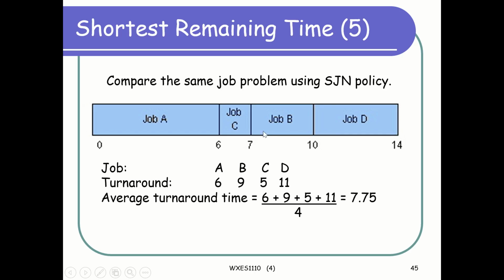Between B and D, B has the lower time, so B will be executed, and then D. So you must remember, job A comes first regardless of the turnaround time. The system will execute job A first, and then check for jobs C, B, and D.